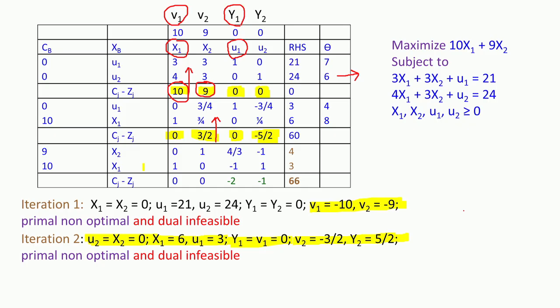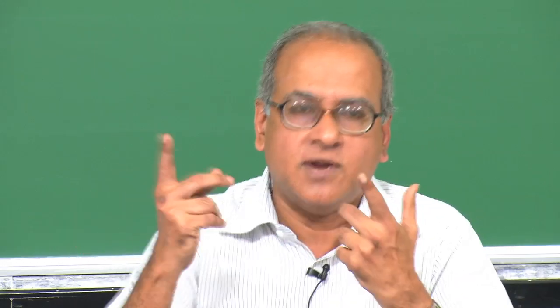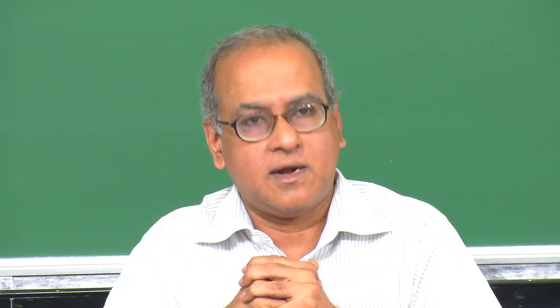When x1 equal to 3, x2 equal to 4, automatically u1, u2 are 0. So x1 equal to 3 implies v1 is equal to 0, x2 equal to 4 implies v2 is equal to 0, and when we put v1 equal to 0, v2 equal to 0 into the dual and we solve, we will get y1 equal to 2, y2 equal to 1.